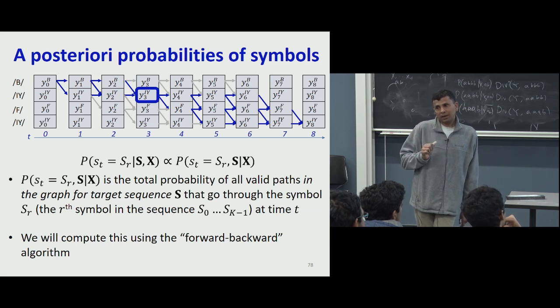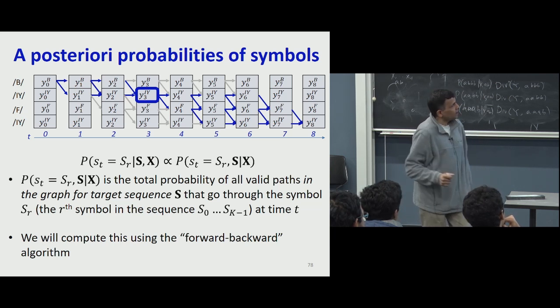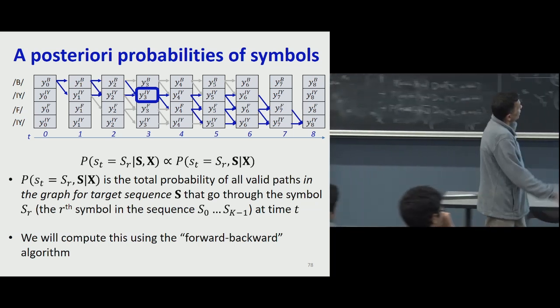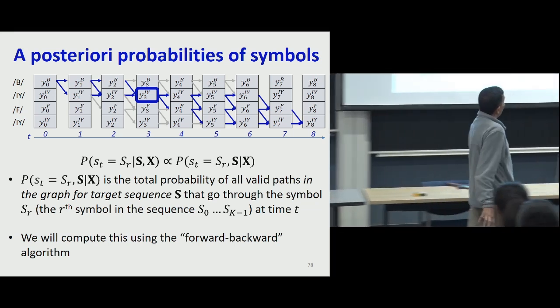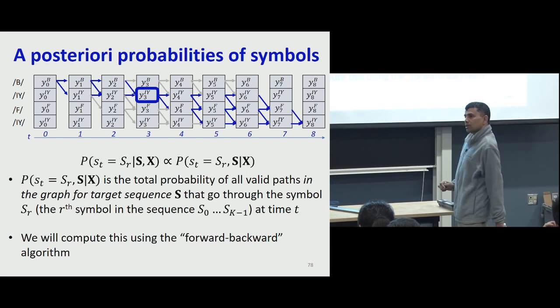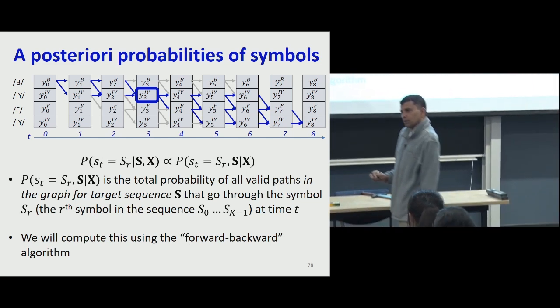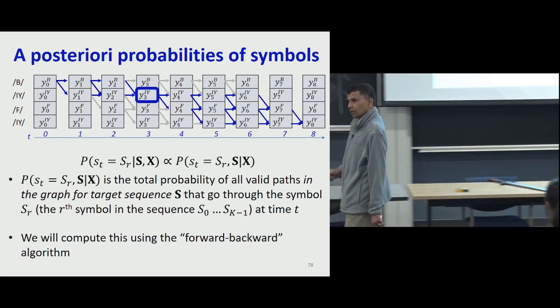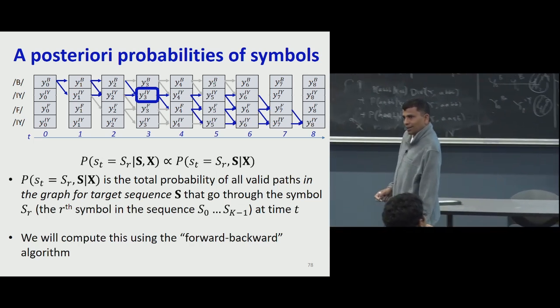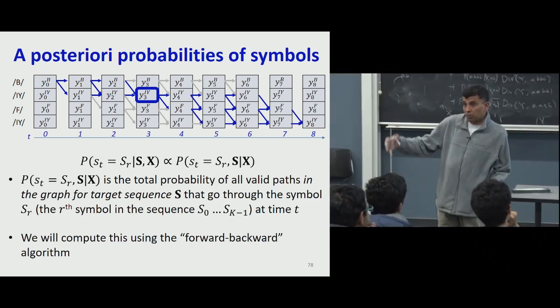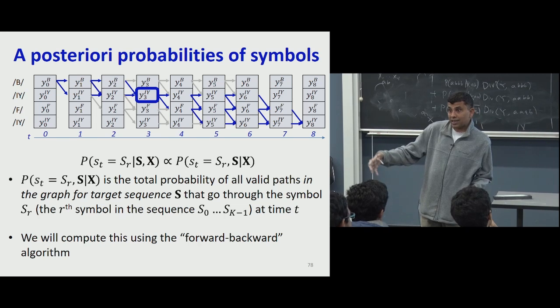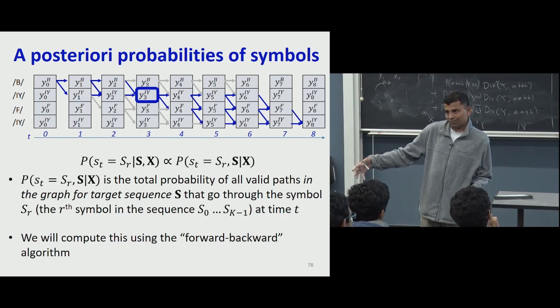Now the reason this is different, the reason you have to consider this, is that if you just compute the total probability of all paths through this graph, is it going to be 1? Not really, right? The total probability of generating any symbol at any time over the input is 1.